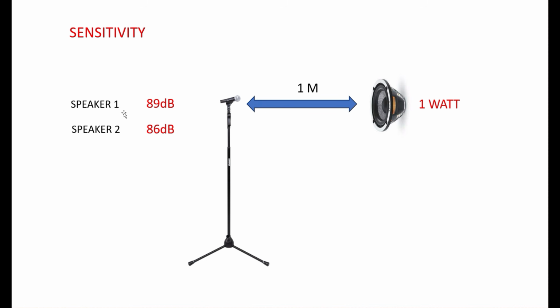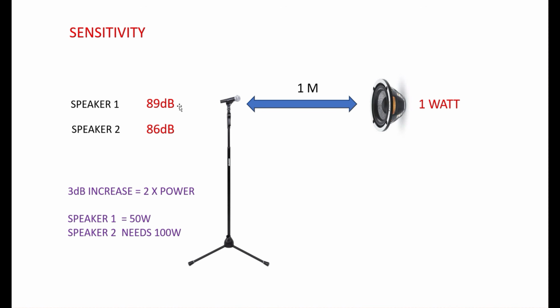So let's say with speaker 1 I got 89 dB, with speaker 2 I got 86 dB. That would tell me that speaker 1 is more sensitive than speaker 2, and what this means, it doesn't seem to be a lot, but let me show you that a 3 dB increase in SPL is 2 times the power, or a doubling of the power.